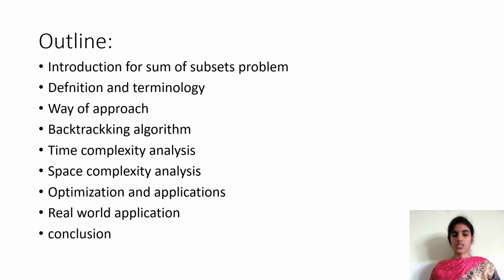Next, space complexity analysis for backtracking as well as brute force approach, and optimization techniques and the applications of the sum of subsets problems. We will discuss real world applications later, and finally, the conclusion for this topic. This is the outline of the topic.